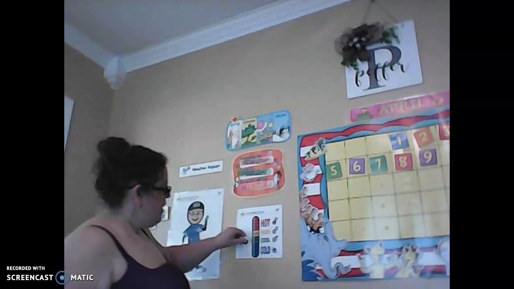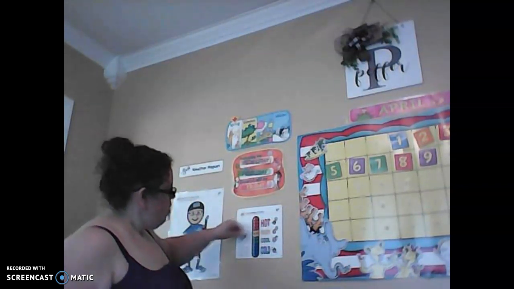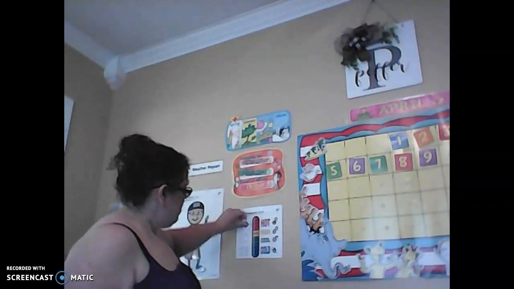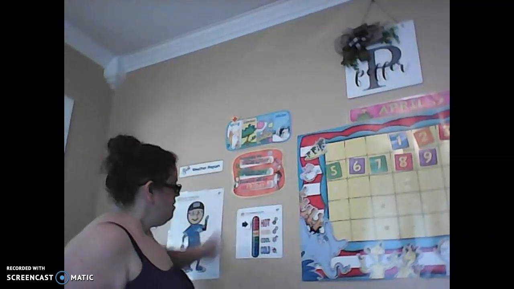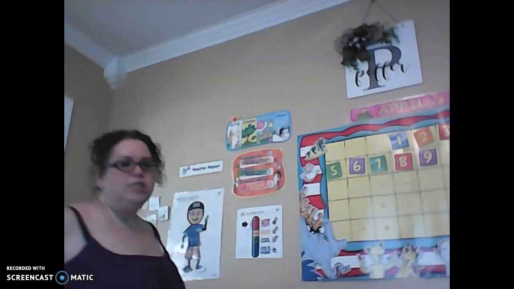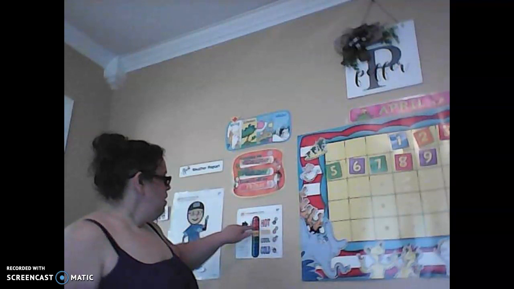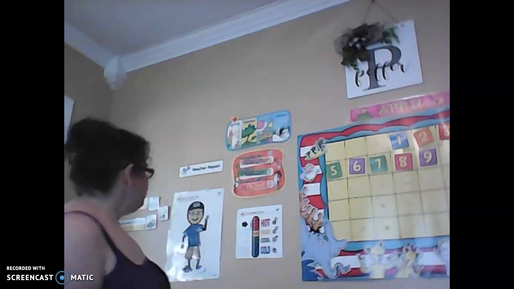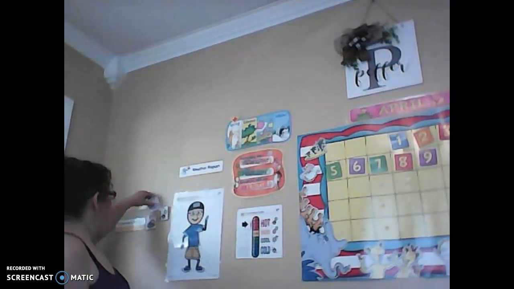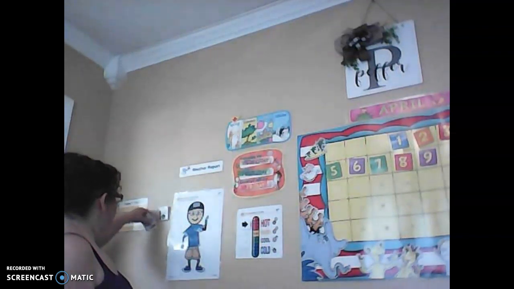Should it go down here in the middle or up here where it's hot? What do you think? What do you think 86 degrees is? I think 86 degrees is probably hot too. So we're going to leave it right up here where it says hot. But it's going to be, today it's going to be partly cloudy.